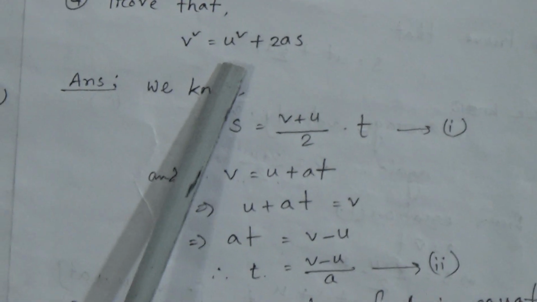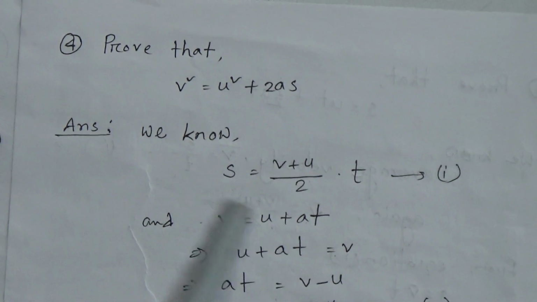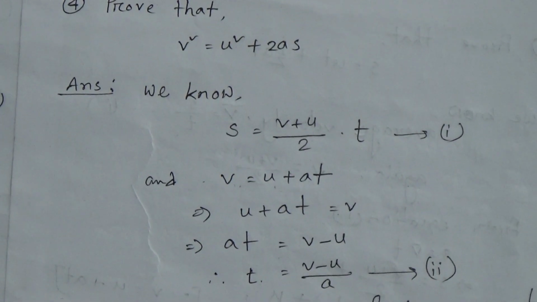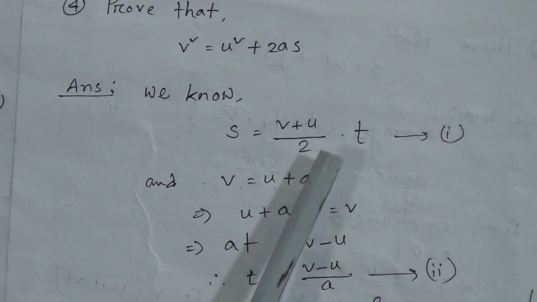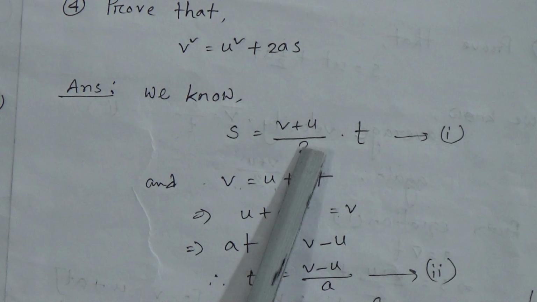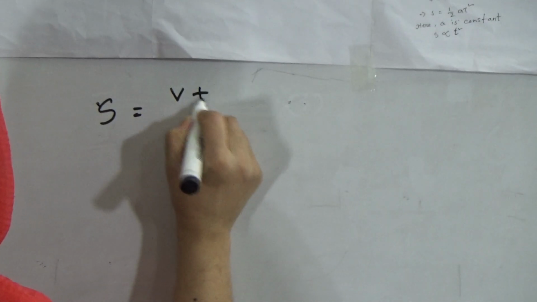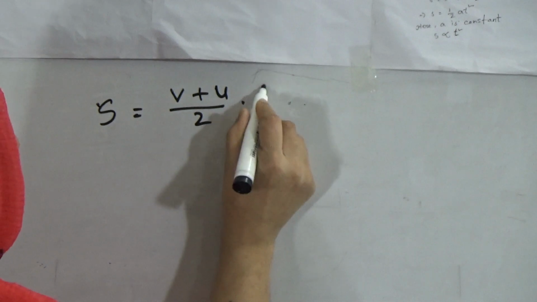Equation number 4. What is equation number 4? v square equals u square plus 2as. My dear students, from the second equation we know s equals v plus u divided by 2 into t.